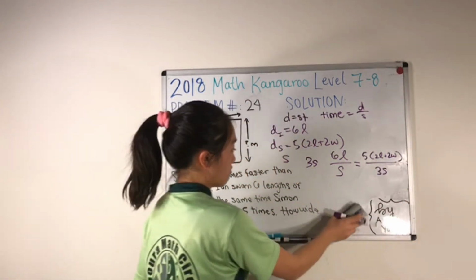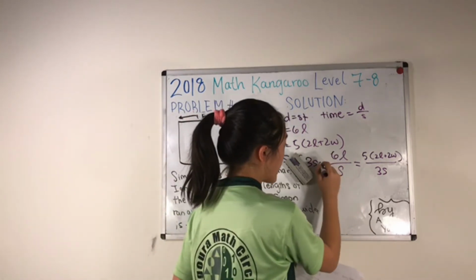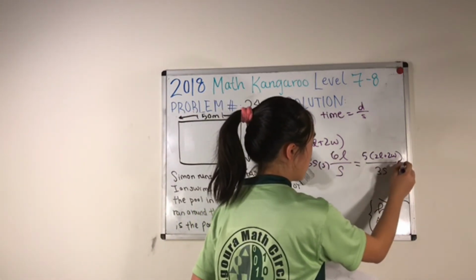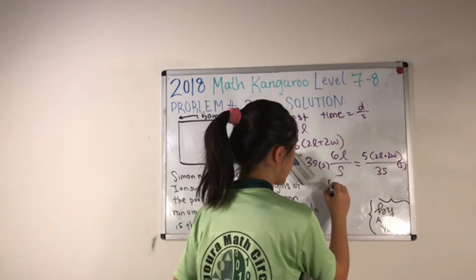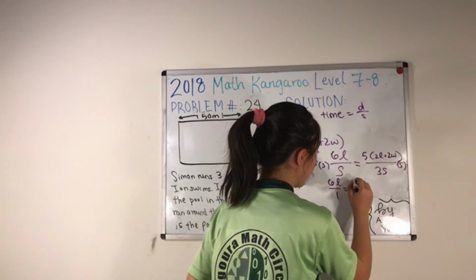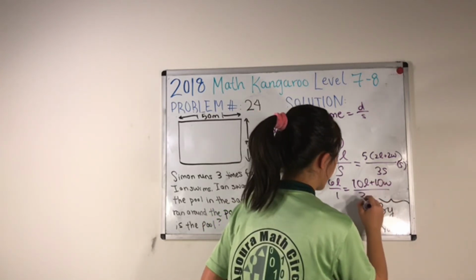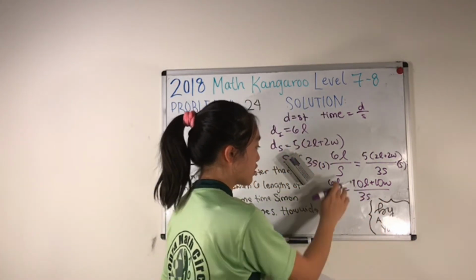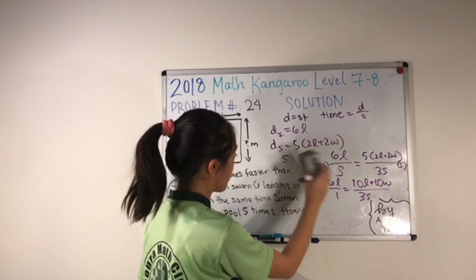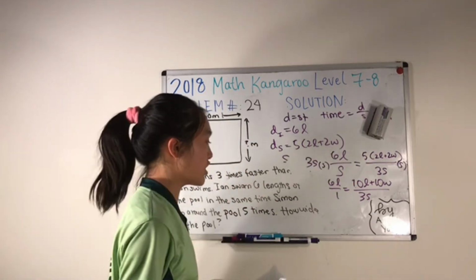So we can cross multiply. First of all, we can take out the S by multiplying both sides by S, so that the S's cancel out. So now we have 6L over 1 is equal to 10L plus 10W over 3 if you distribute it. Now if you cross multiply, let's convert this 6L to its real value. So 6L would be 6 times 50, which is 300.